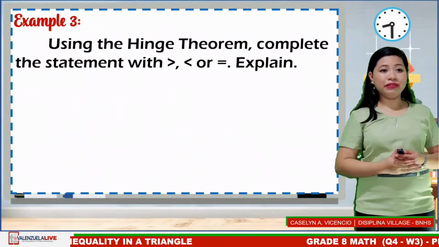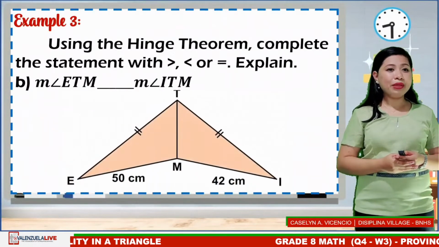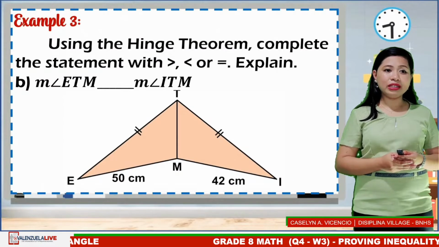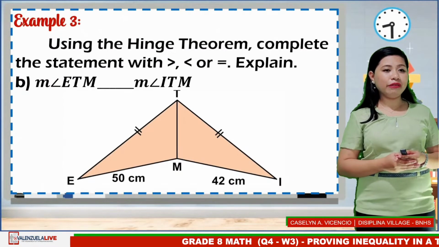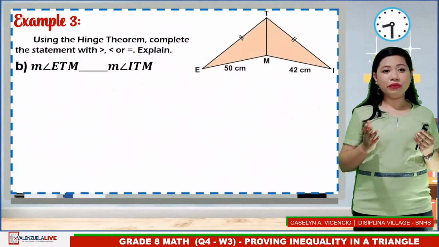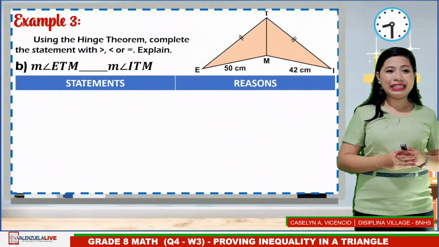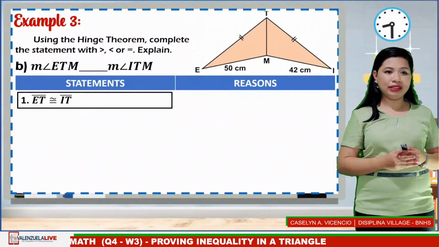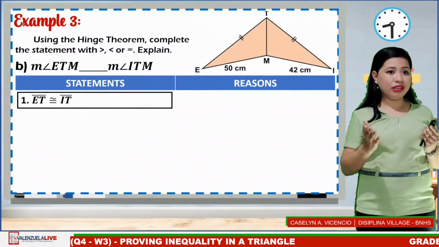For our second given, the measure of angle ETM is blank to the measure of angle ITM. From the given figure, side ET is congruent to side IT as the given.